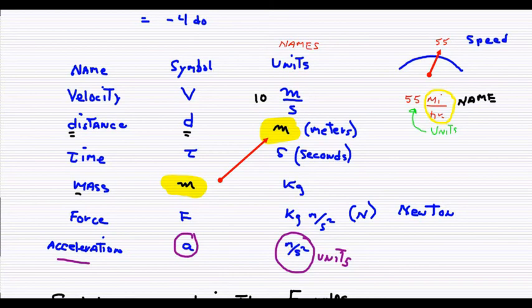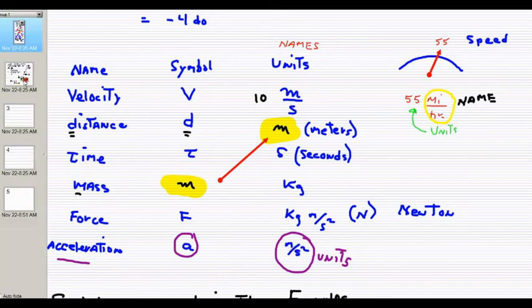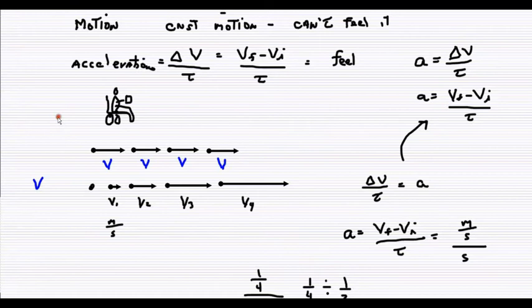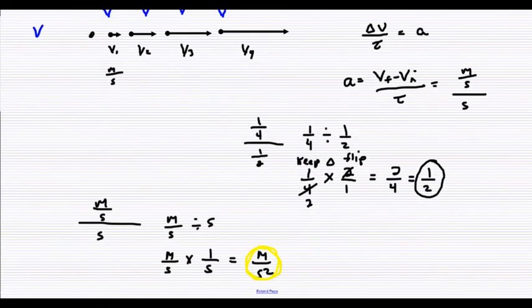So let's go back to our last page now. Now that we know what that was, we can now understand a little bit more how these units work and how we end up with meters per second being meters per second squared. Okay, we talked quite a bit about this in class, using our rule for division of fractions.